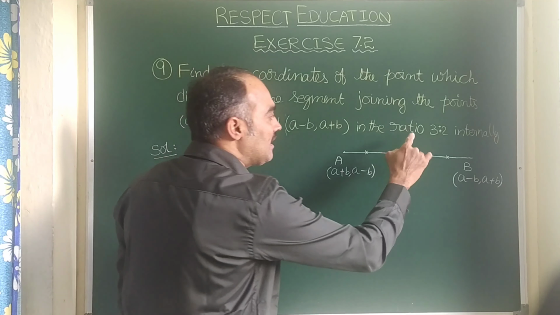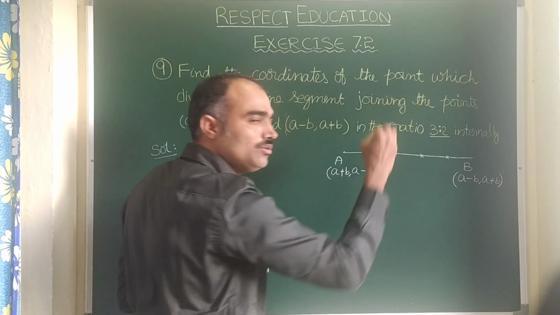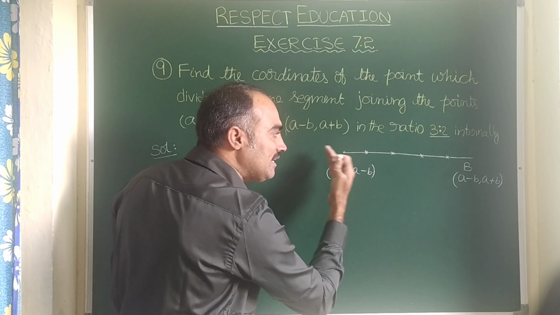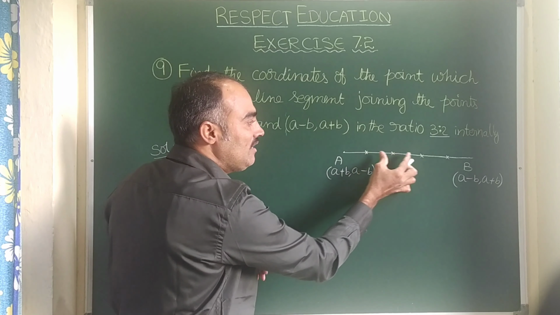This required point should divide this line segment in the ratio 3:2. That means 3 equal parts should be this side. See, this is first one, second one, third one.